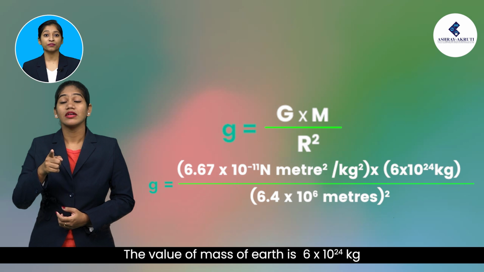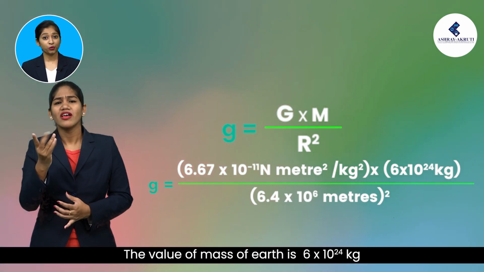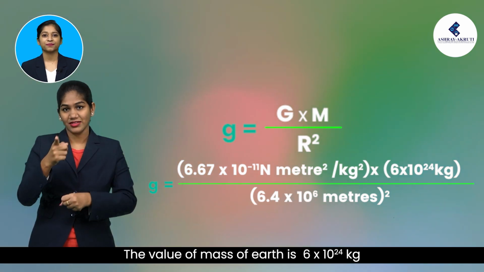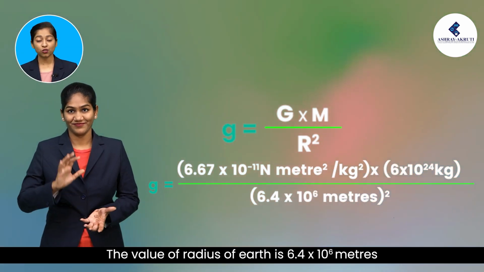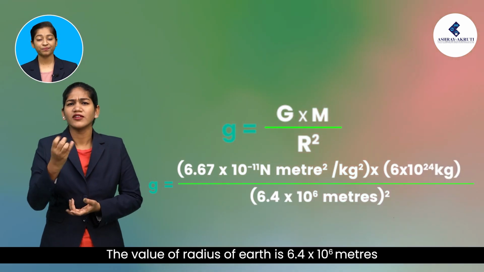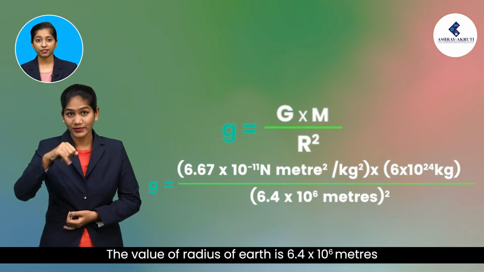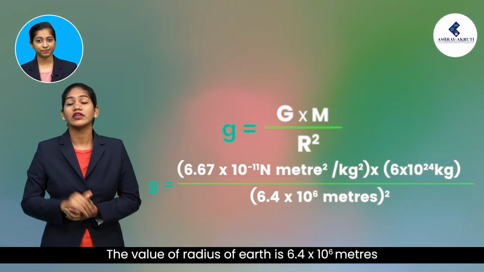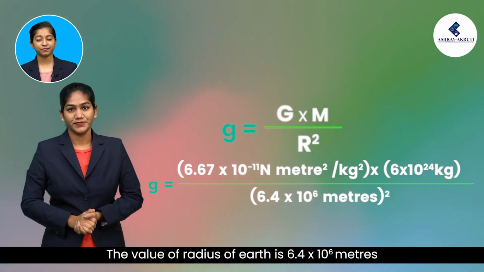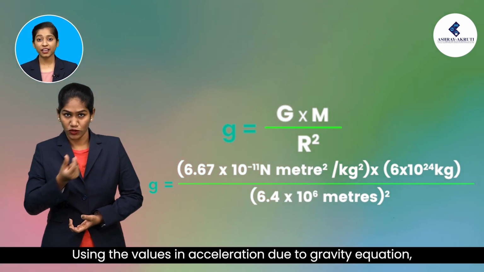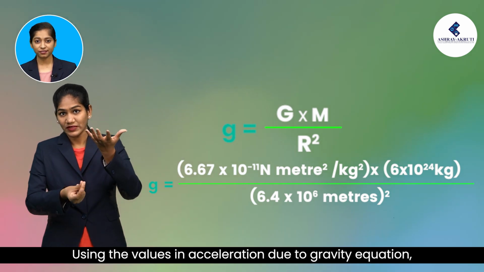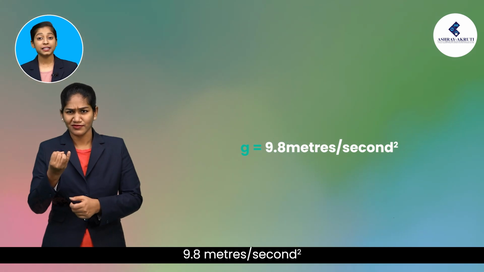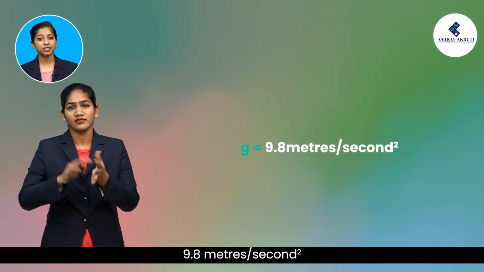The value of mass of earth is 6 into 10 to the power of 24 kg. The value of radius of earth is 6.4 into 10 to the power of 6 meters. Using the values in the acceleration due to gravity equation, value of g will be 9.8 meters per second square.